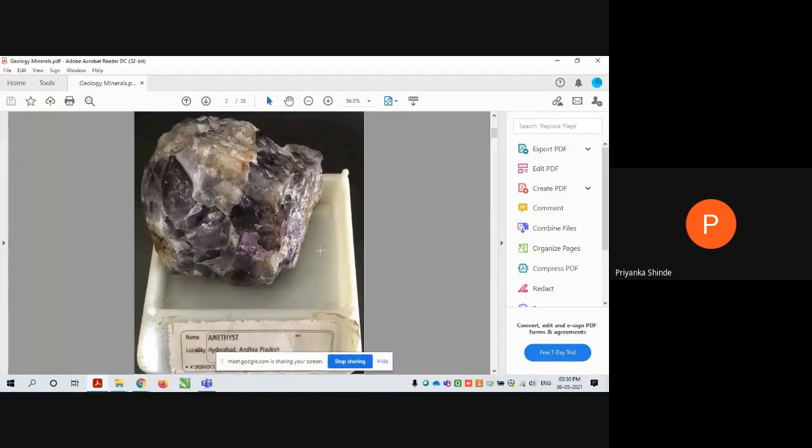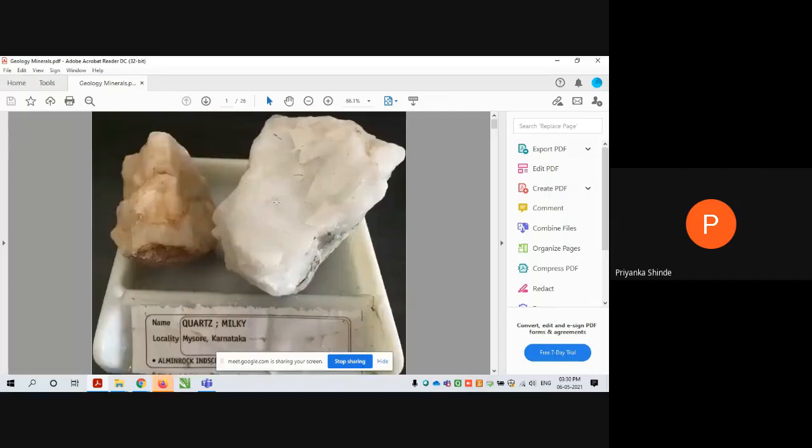Metallic means the mineral looks like a metal. But here they come under non-metallic luster. Here we have varieties of luster like vitreous, greasy, waxy, silky, pearly. All these terms we use to describe the luster of the mineral.